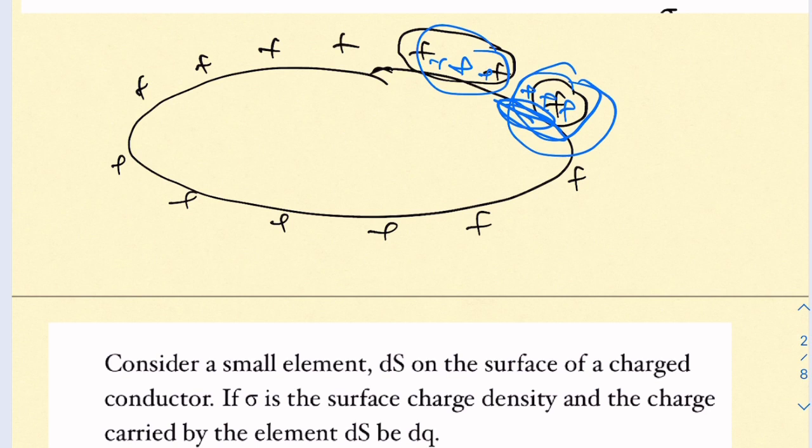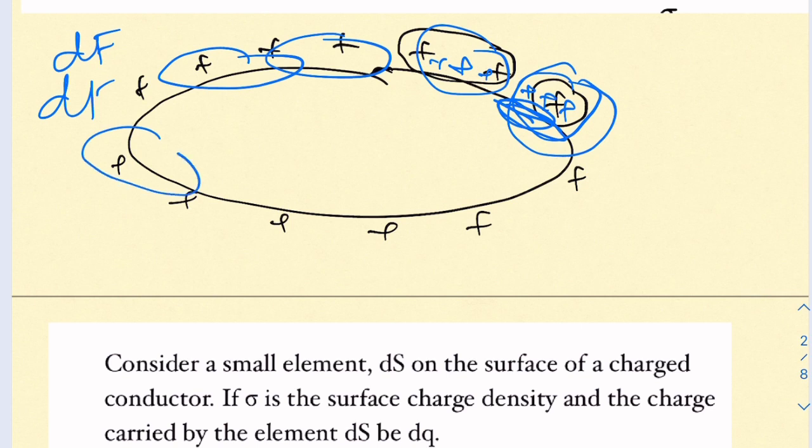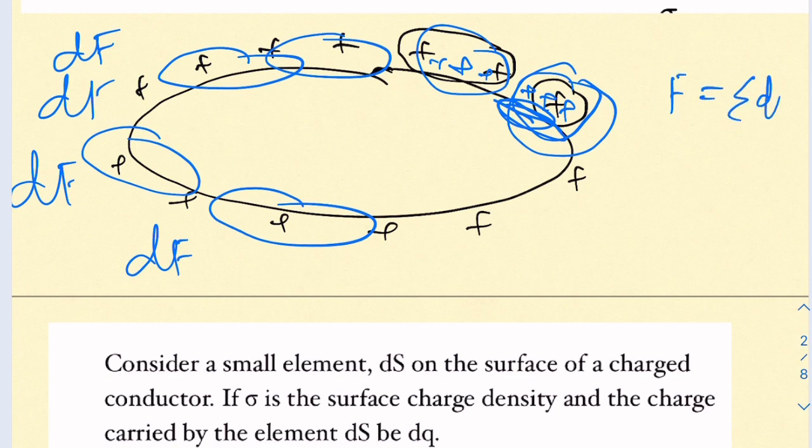Therefore due to its own charge, some repulsive force acts on the conductor, and the total force on the surface of the conductor is the vector sum of the forces acting on all small elements. Suppose on this small element force dF acts, on this small element dF acts, then the total force is the summation of dF.